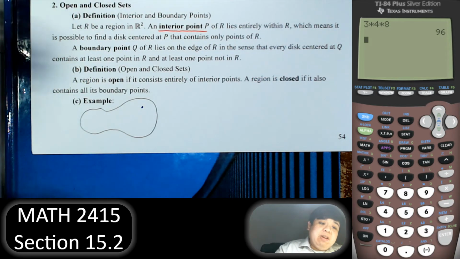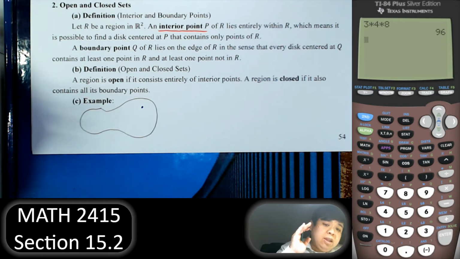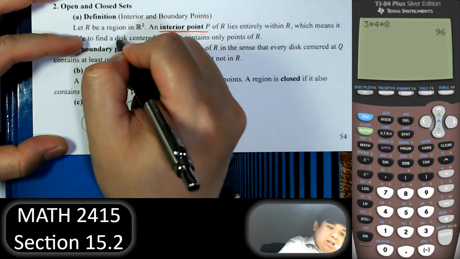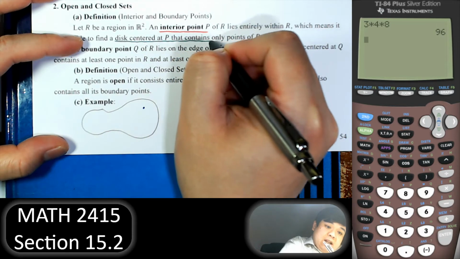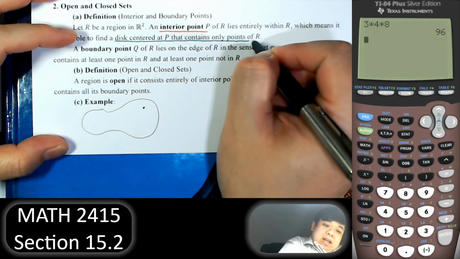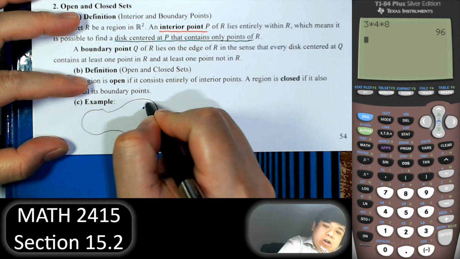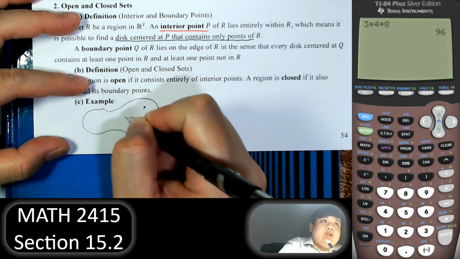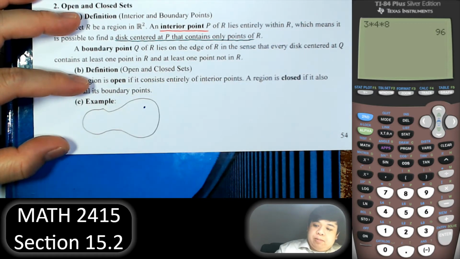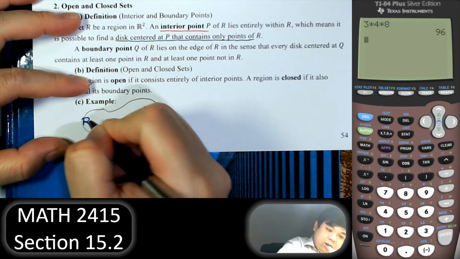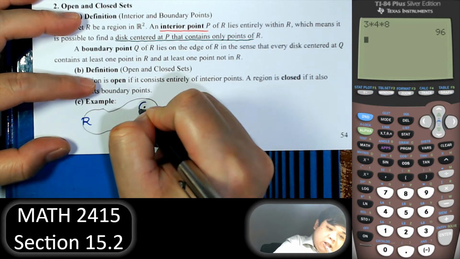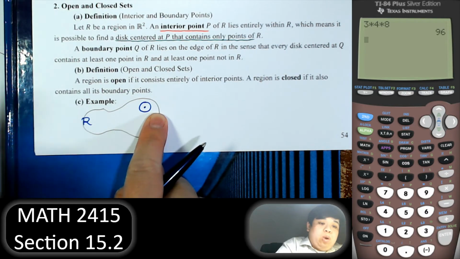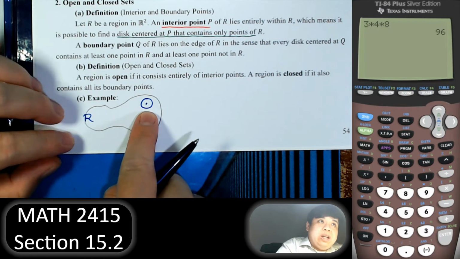So the definition says if we have an open disk, a disk that is completely inside of R. If we draw a disk that is small enough, if we draw a big disk like this, there will be some points outside of the region R. This is the region R. If we choose the small disk, then that disk is completely within R. So that point is called an interior point.